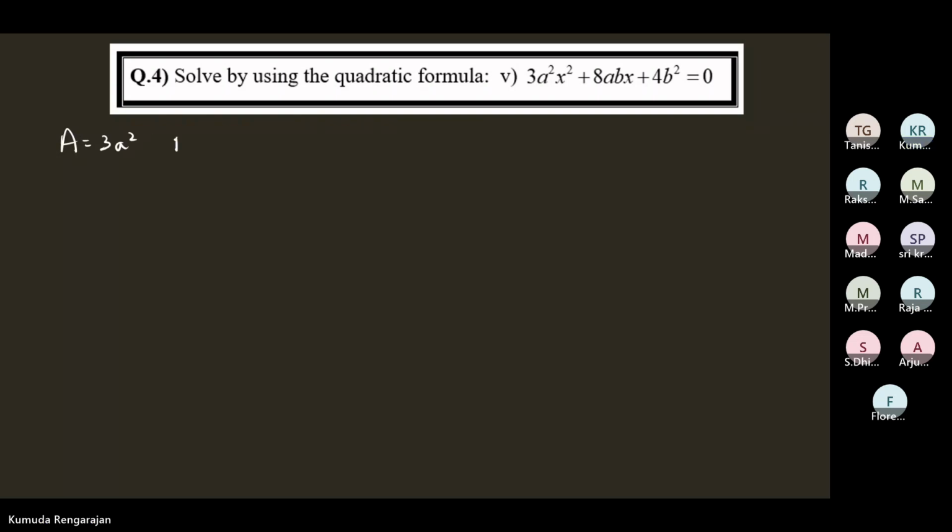Okay. B value is 8AB. And C value is 4B square. What should you first find?